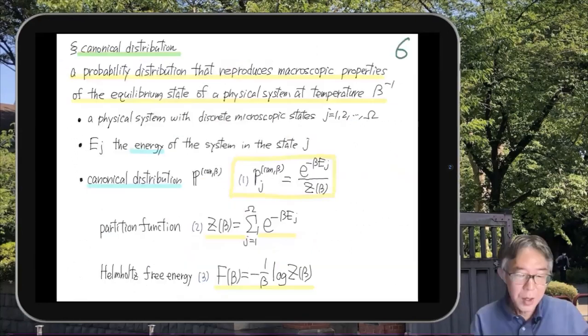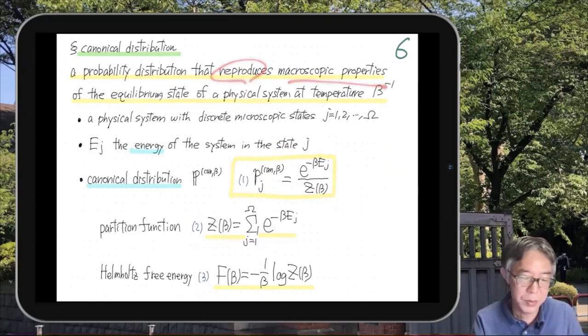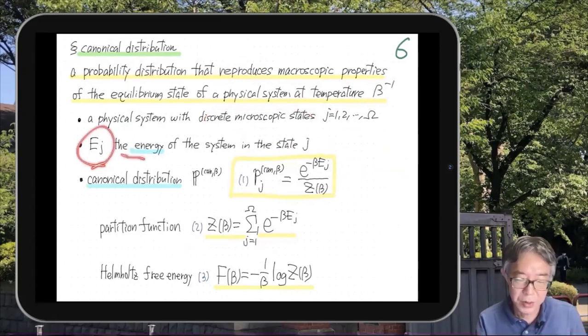Okay, another thing I want to review, which I have used a lot, is the canonical distribution: a probability distribution that reproduces macroscopic properties of the equilibrium state of a physical system at temperature beta inverse. That is called the canonical distribution. You consider a physical system with discrete microscopic states j, and for each j we have a quantity called the energy.